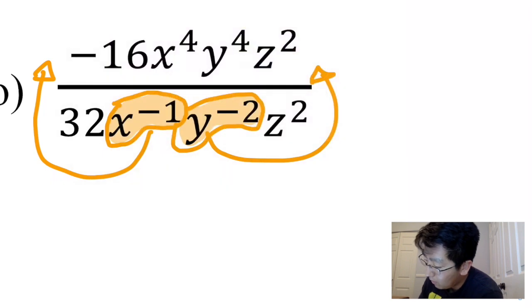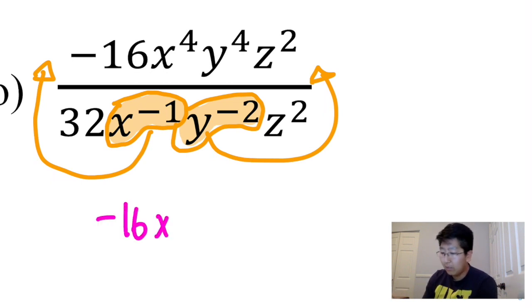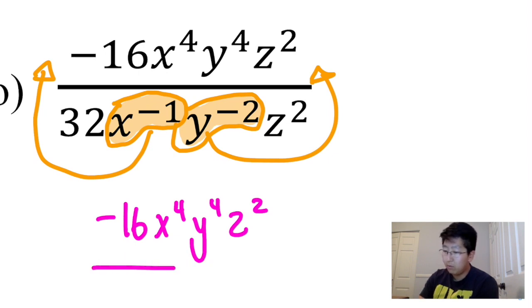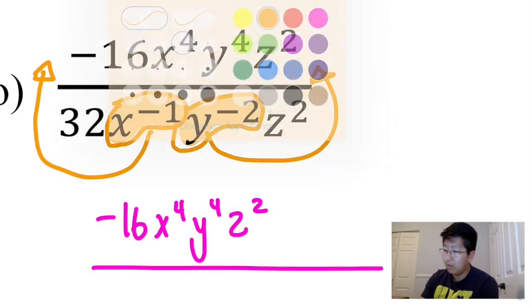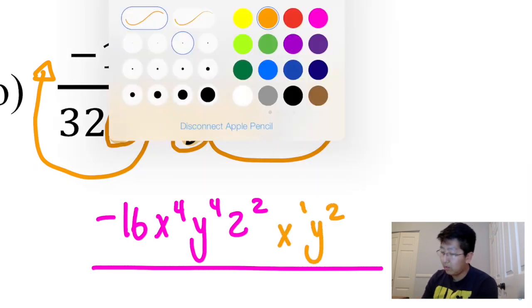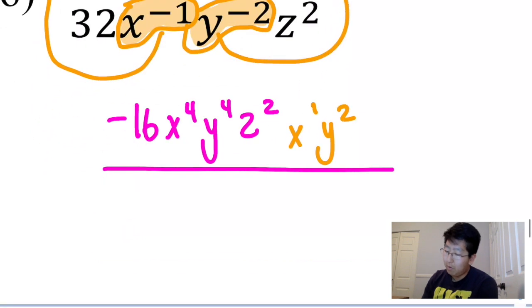So I'm going to rewrite it with our negative exponents now gone: negative 16, x to the fourth, y to the fourth, z to the second. Let's draw a longer line. And what came up? x to the first, y to the second. And at the bottom, we have 32z to the second.